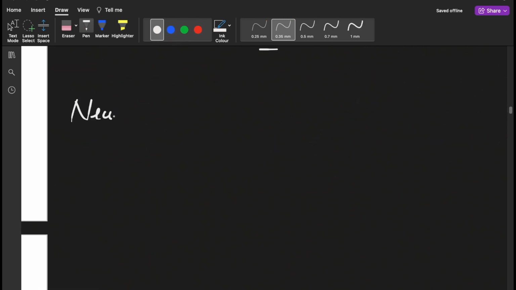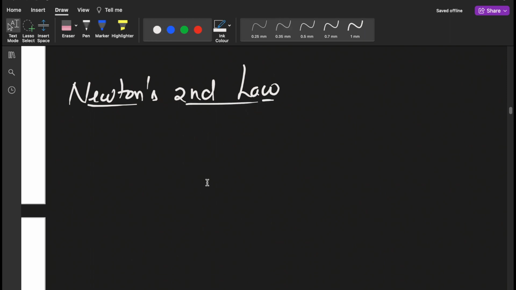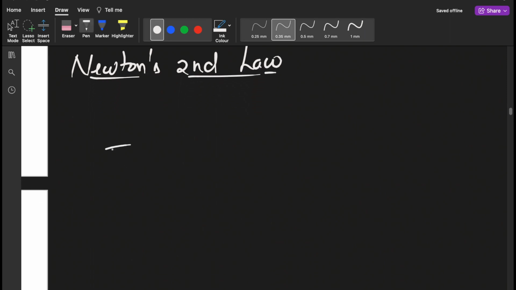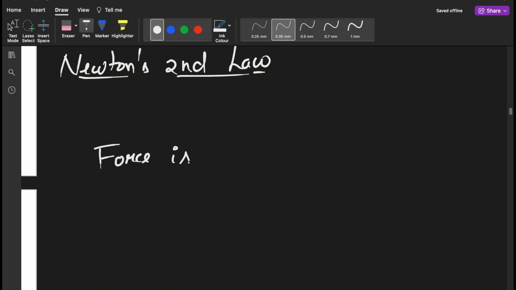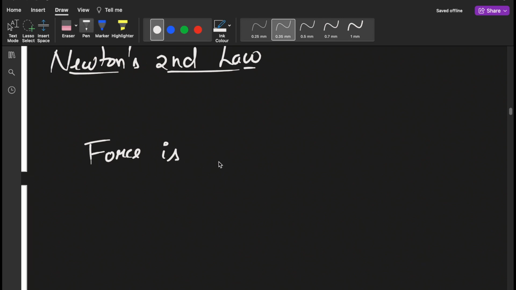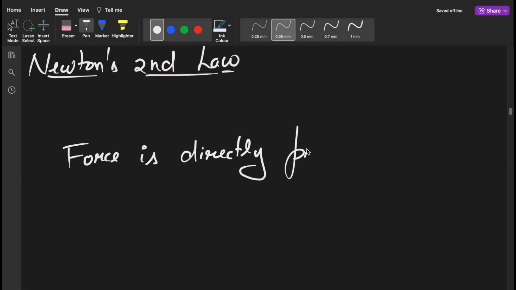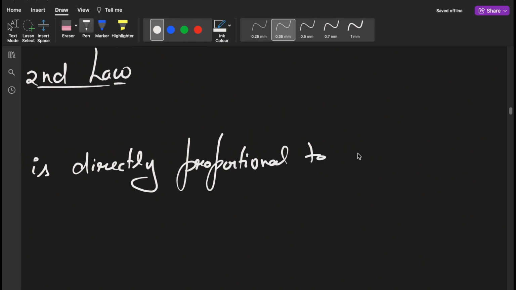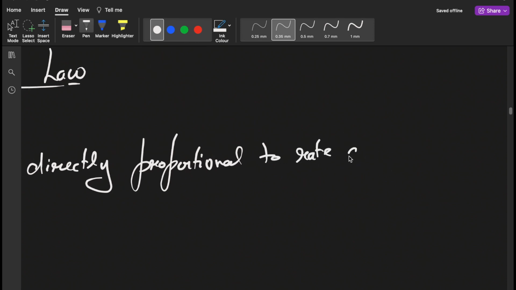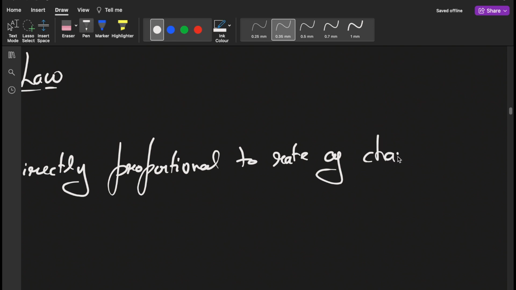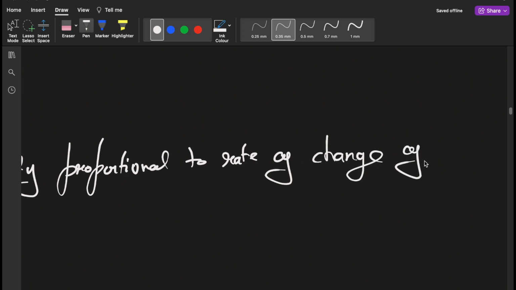What Newton's second law states is that force is directly proportional to the rate of change of momentum. Do you know what the rate of change of momentum is?